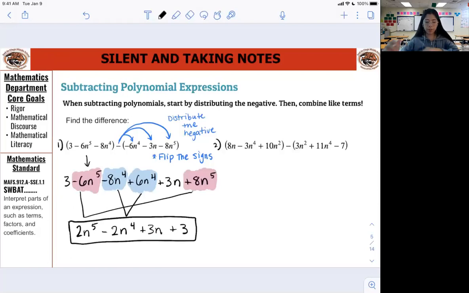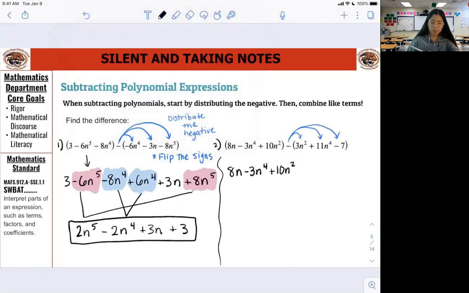Okay, let's try number 2. Same thing. I have a minus, so I'm distributing. My first polynomial stays exactly the same. We're not changing it at all. But what do I get for my second polynomial?